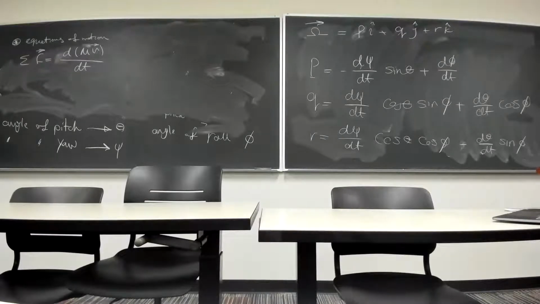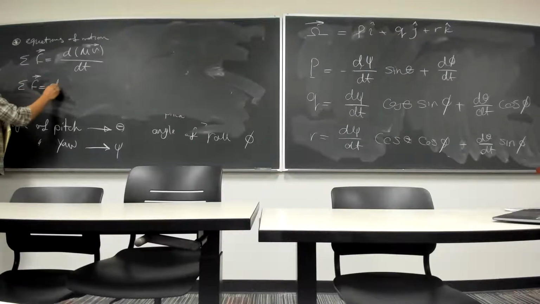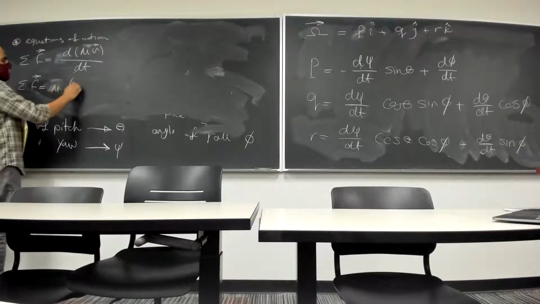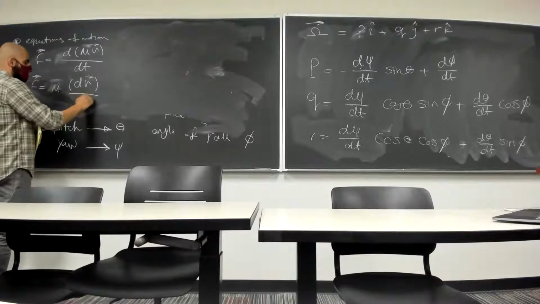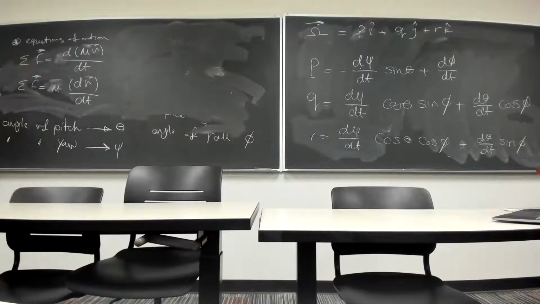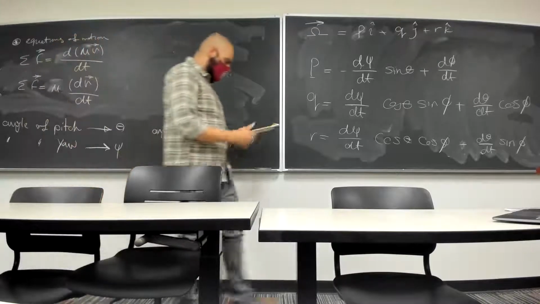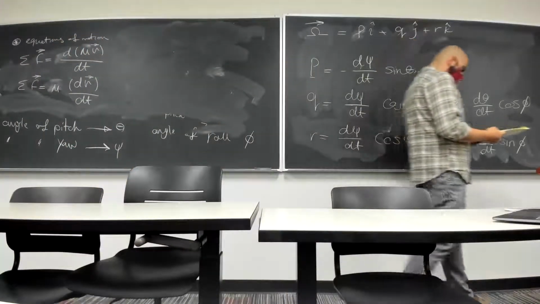Momentum is going to be m multiplied by v. We usually assume m doesn't change with respect to time, so it comes out of the derivative: m dv/dt. So this is going to be for your translational motion.